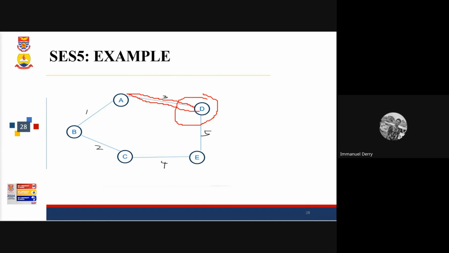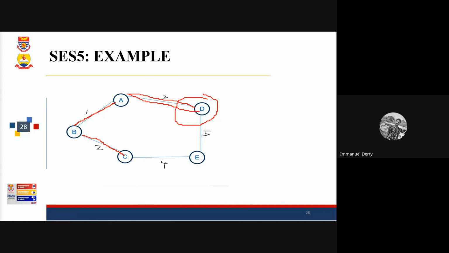And now also from A to B and then D to E, the least edge is this one. So we choose this one. We still have this to compare and then this one as well, this and this. So edge BC and then edge DE, the least one is this one.